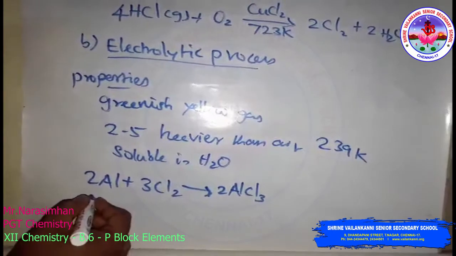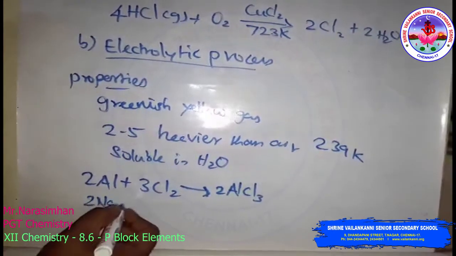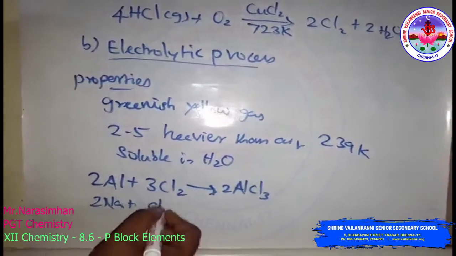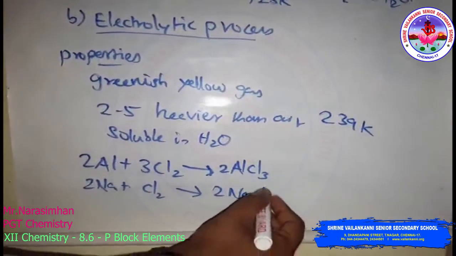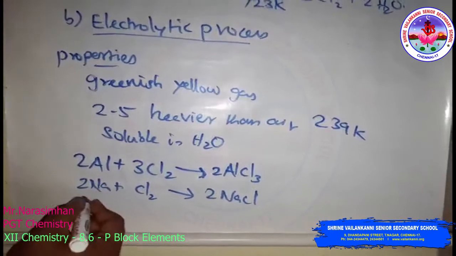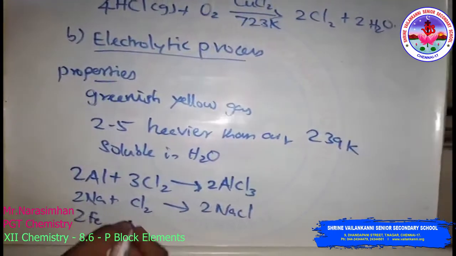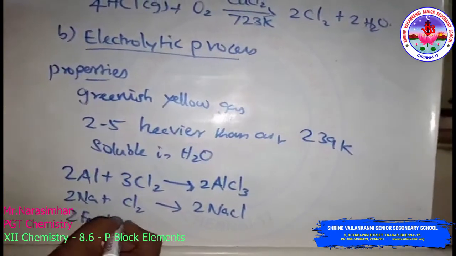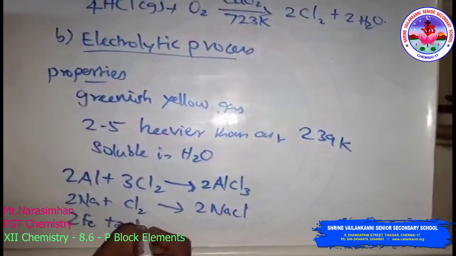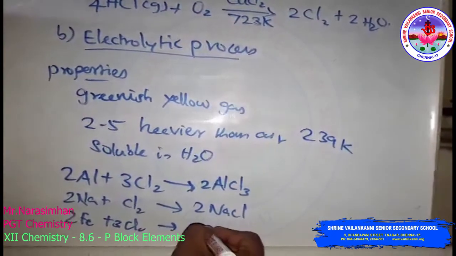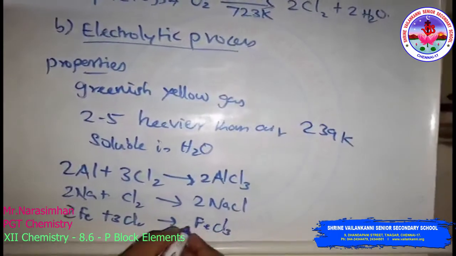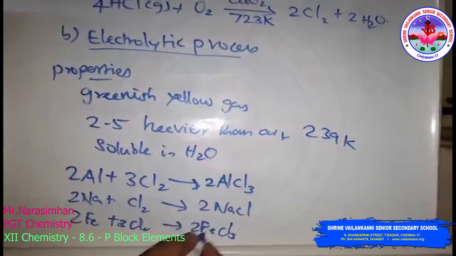It reacts with sodium to form sodium chloride. It reacts with iron, Fe, to form ferric chloride, FeCl3. This is 2 moles of FeCl3.